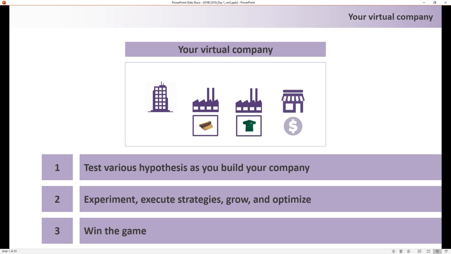First you will have to create a certain hypothesis for business, and as you build out your company, you experiment, execute strategies, grow and optimize, and then you will be competing against other participants. You have to end up in the top 30 in the ratings in order to proceed to the second and final stage that will be happening on the 30th of September in Tbilisi.